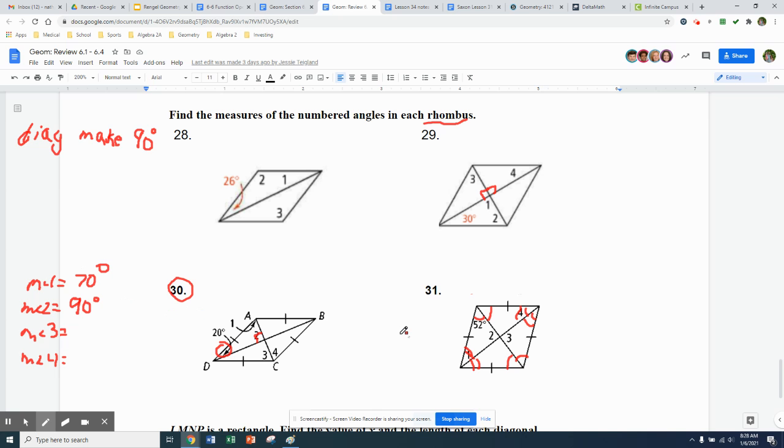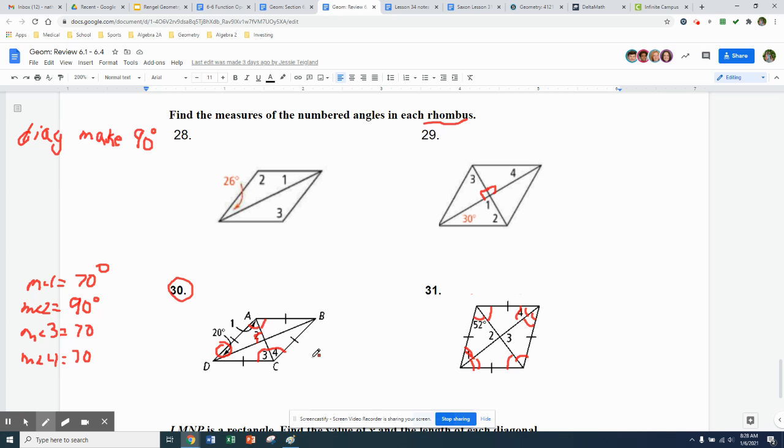Now, the other property that we talked about was these opposite angles are going to be bisected, and they're also going to be congruent. So right here in this set, I've already found this one is 70. That means that this one over here is going to be 70, and then 3 and 4 are both going to be 70, since they're on that same diagonal as the 70-degree angle I just found.